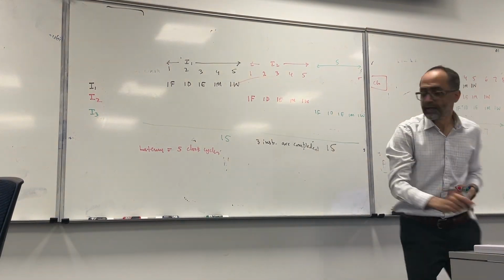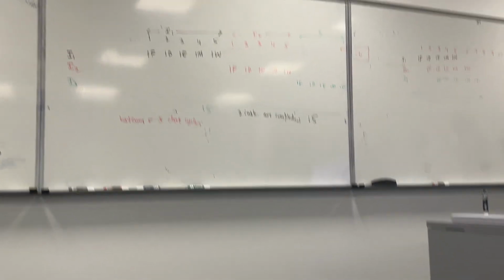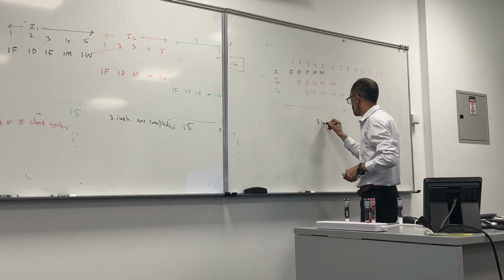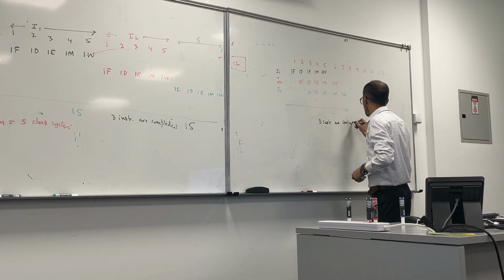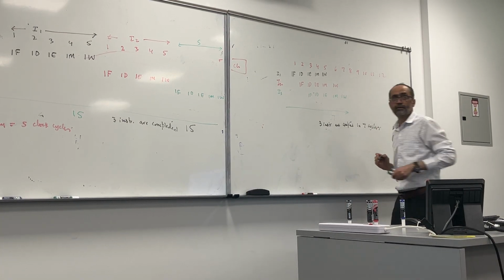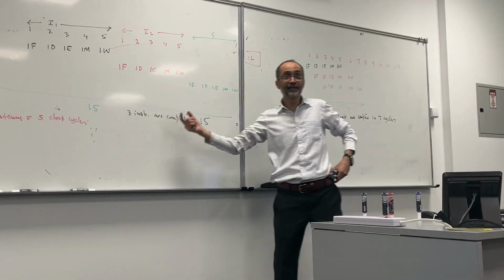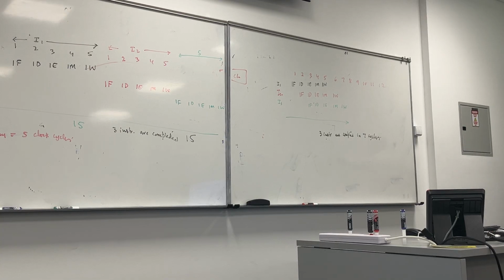Now in this example, how many instructions are completed? 3 instructions are completed in 7 cycles. Here the throughput is less, here the throughput is more, so more instructions are completed.